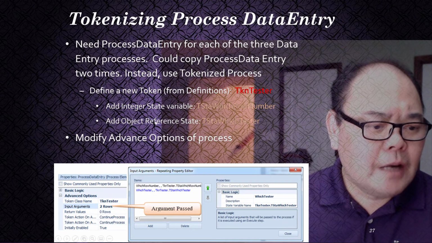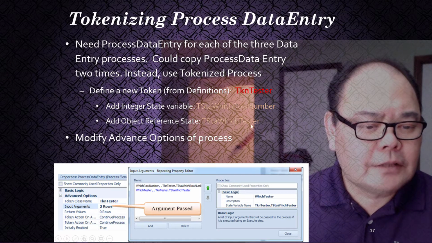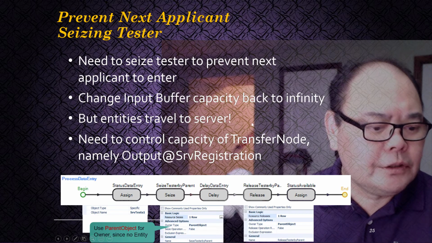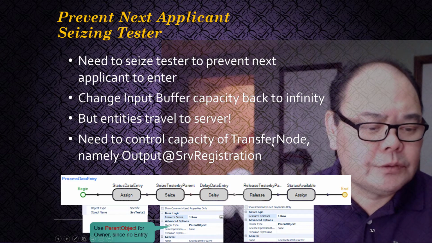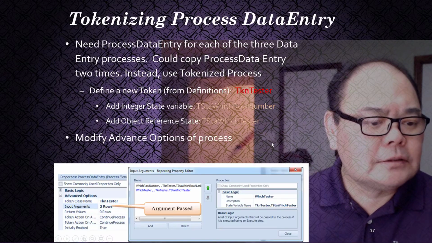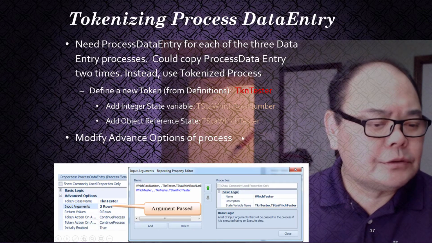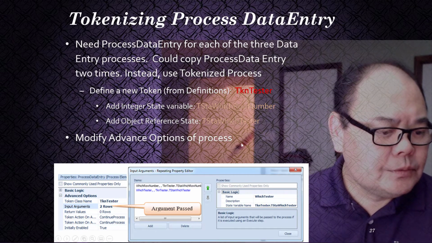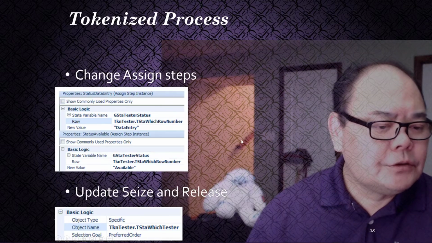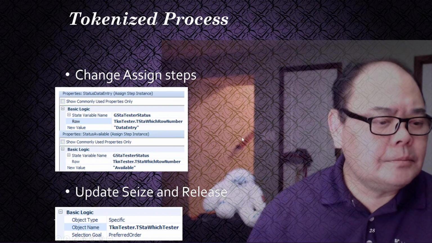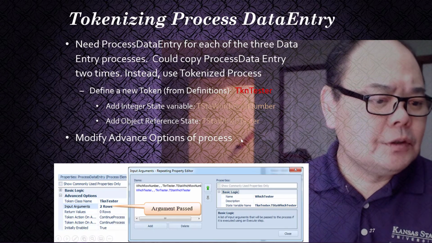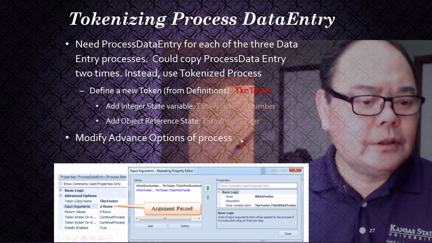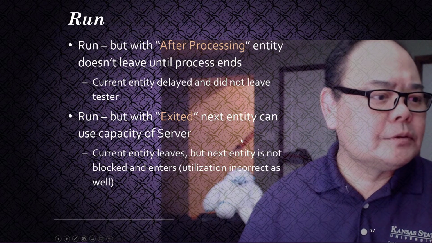The other one is an object reference, which tester to seize. Remember, we need to seize this tester and release it during the data entry process, so we need to know which tester to seize. So we're going to show you how to do that for that process. Okay, so we come back to detail all the steps.